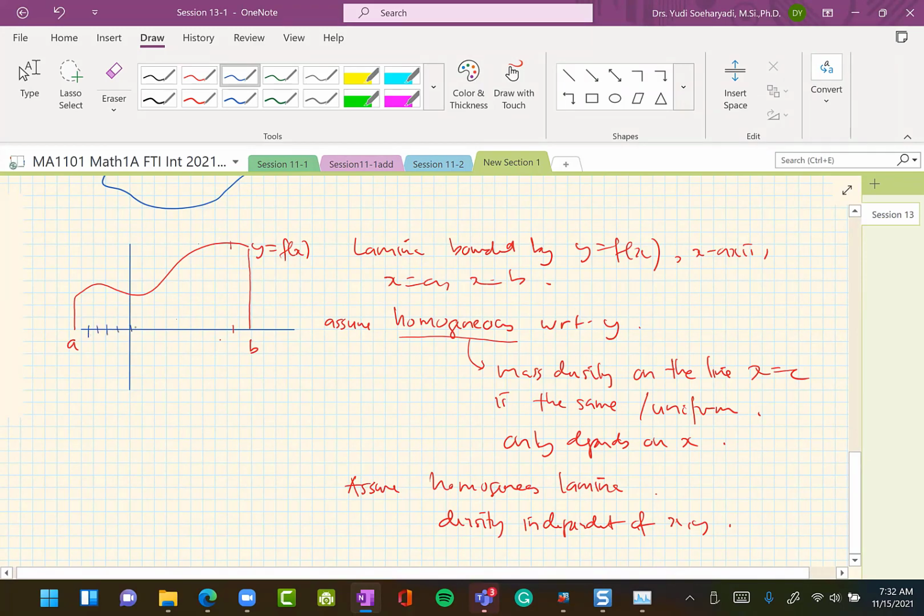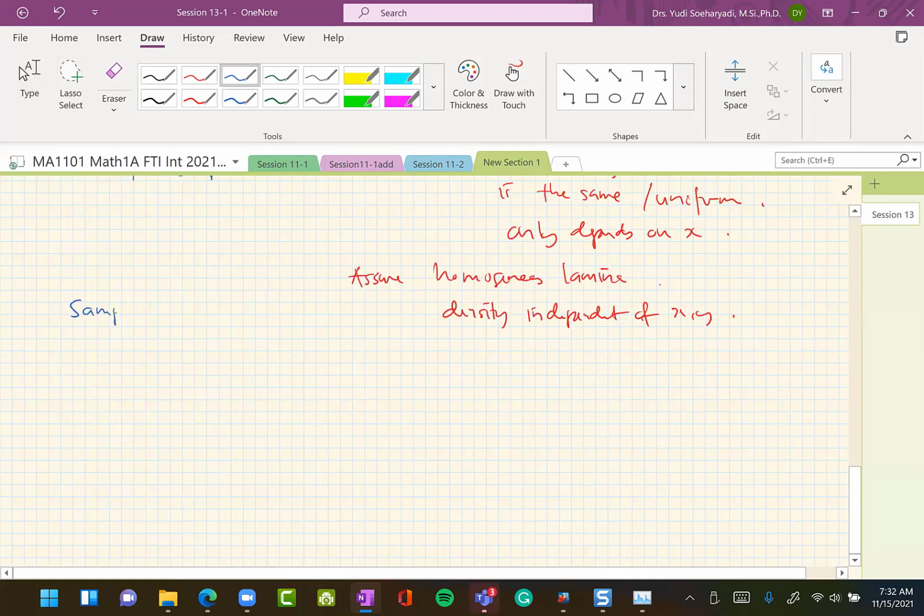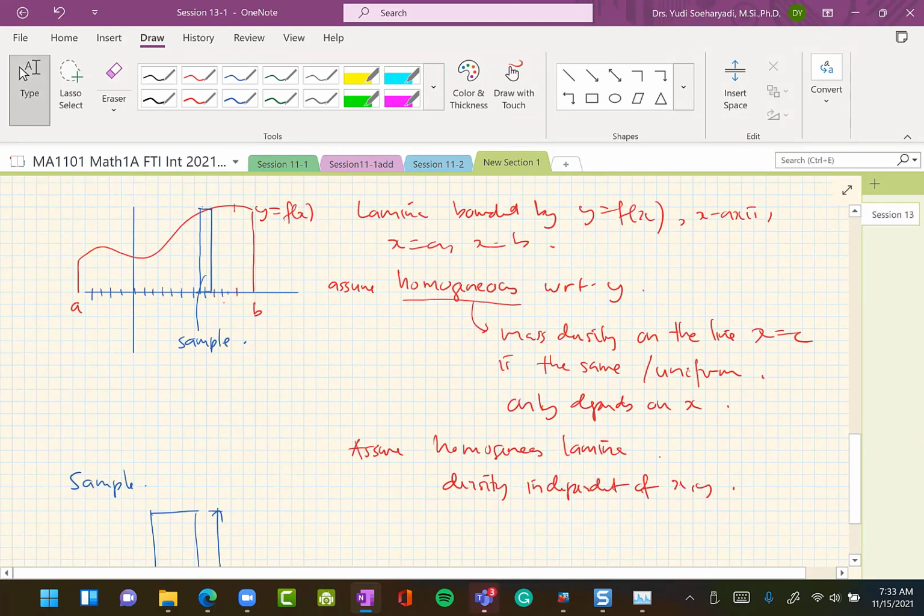We chop this up, make a partition, and take one sample. This is a sample, so this is x_{i-1}, x_i of length delta x. The height is f of x.